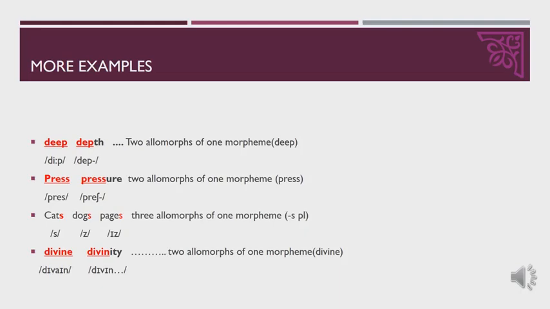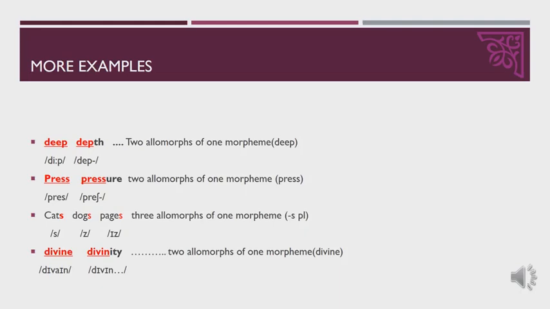They should never occur in the position of each other. So they are in complementary distribution. I cannot pronounce press as presh, or presh with pressure as press. It's wrong. That is why they are in complementary distribution.